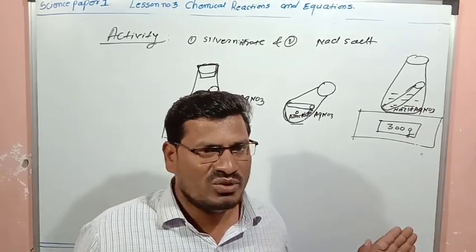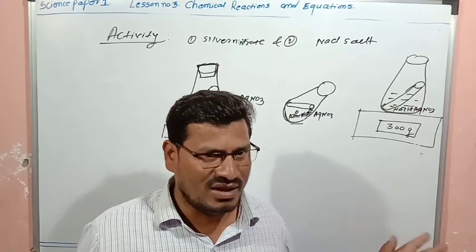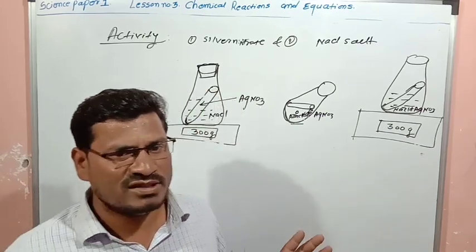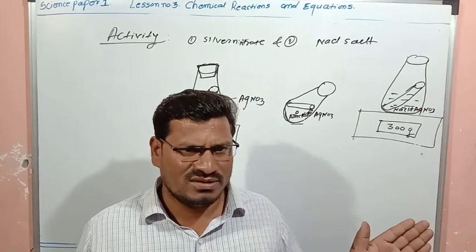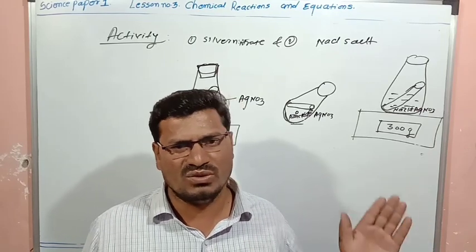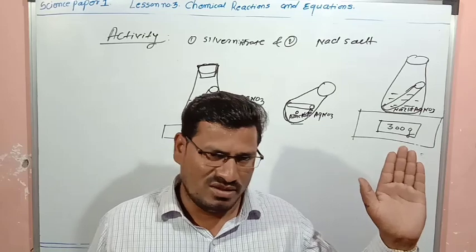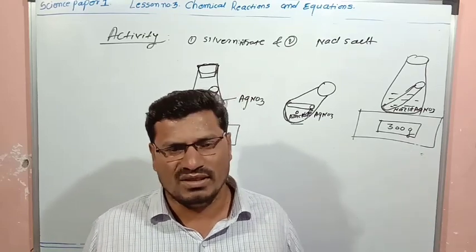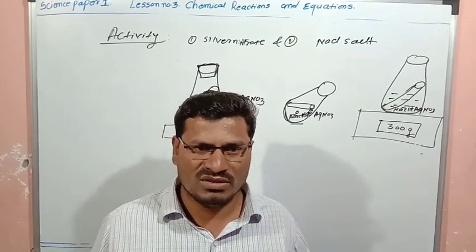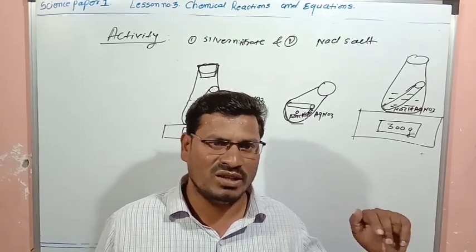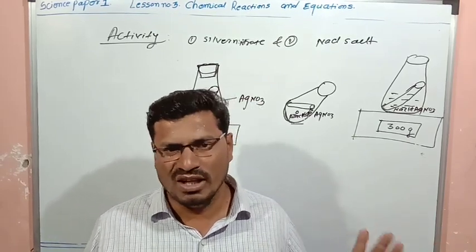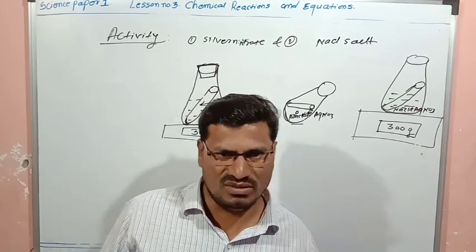So which law is this? The law of conservation of mass. What is the law of conservation of mass? The mass of the chemical reactants before the chemical reaction is equal to the mass of the products after the chemical reaction. That means mass is conserved, and atoms cannot be created or destroyed.